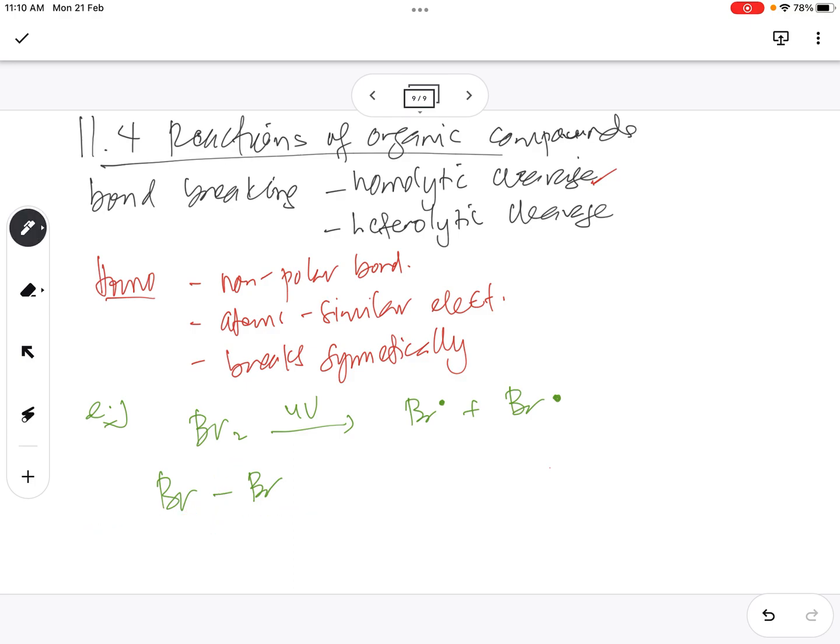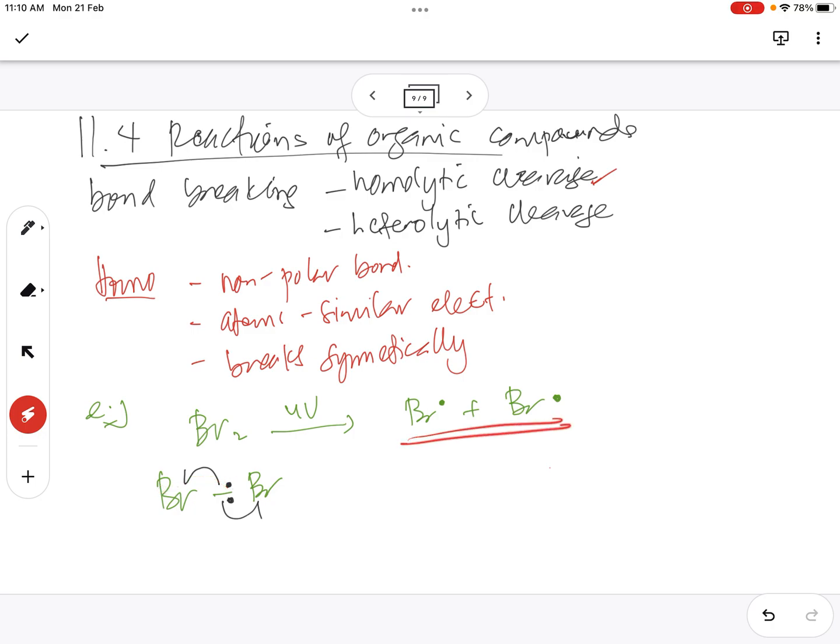So the arrow we're going to use to show the breaking is the half-headed arrow. It's called half-headed arrow. That means originally there are two electrons here; one electron will go to this bromine, and the other electron will go to this bromine.